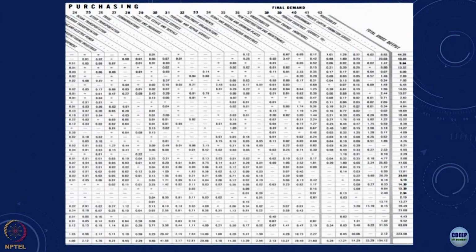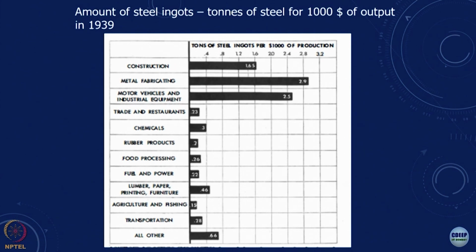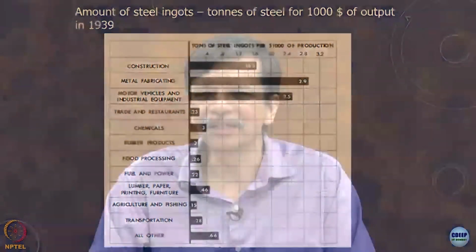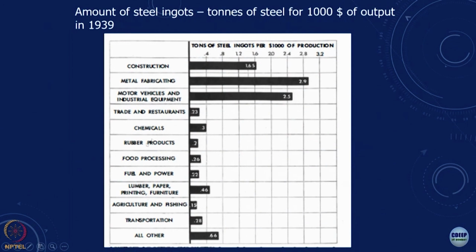And similarly, we had this kind of curve. What the paper showed, for some of the sectors, is what the method can do, and this is a 1950 paper using the data for 1939. It's the tons of steel ingot per $1,000 of production of each of these sectors. If you look at the construction sector, metal fabrication, and the motor vehicles sector, these are the three main sectors, and relatively less for the others.